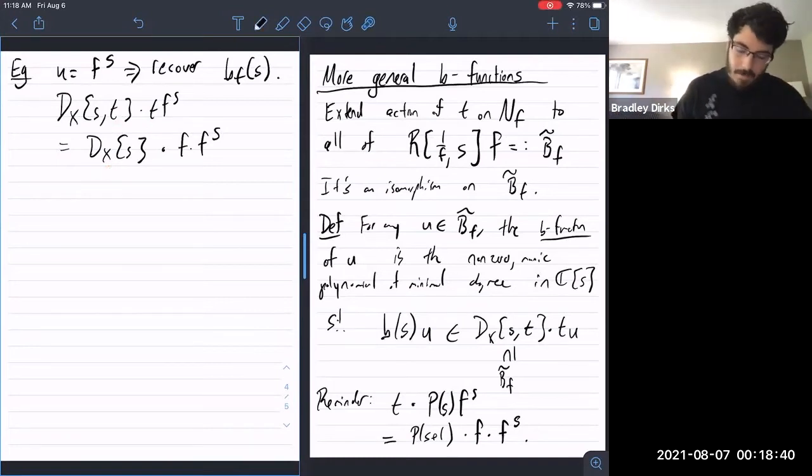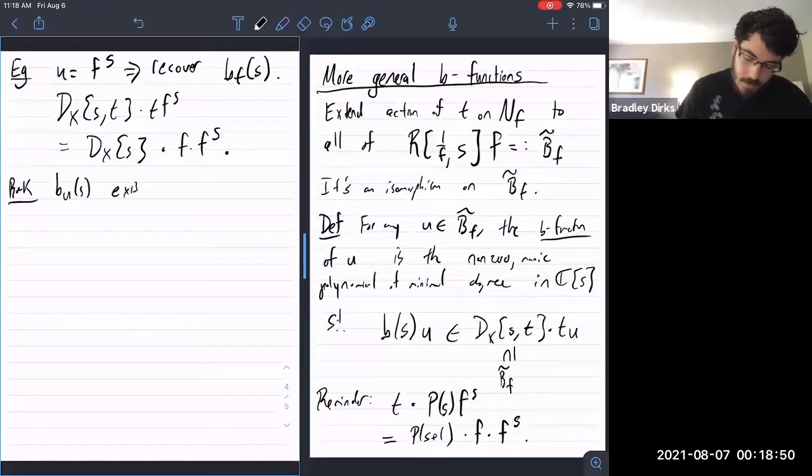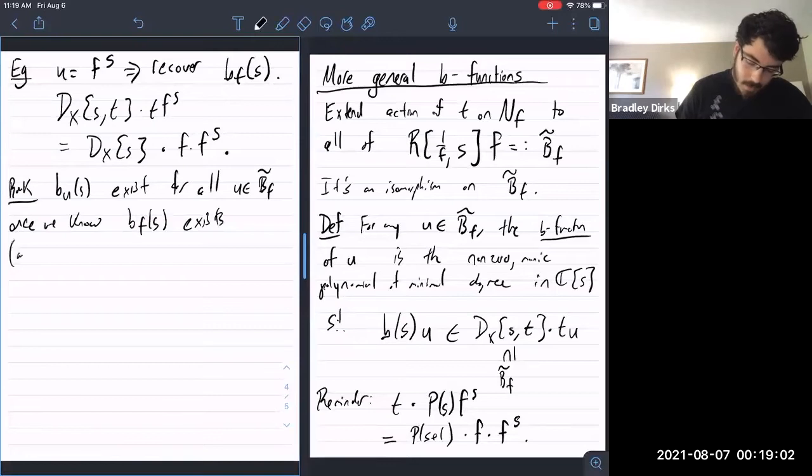And so we do recover the old definition. And maybe another remark is, how do we know that these b-functions exist? These b_u(s) exist for all u in this B_f tilde once we know that this b_f(s) exists, and that its roots are negative rational numbers.